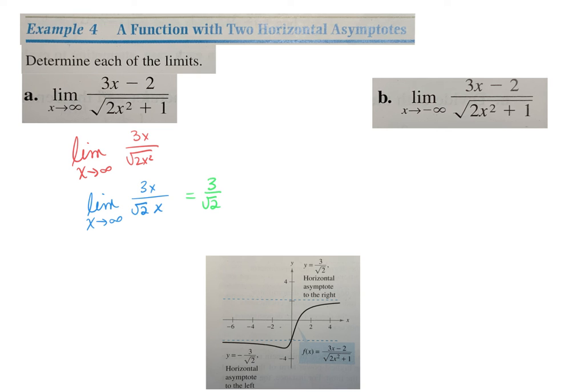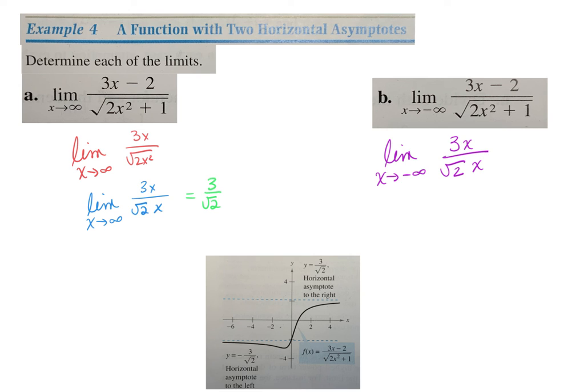So negative here does cause a little bit of an issue because we're approaching negative infinity. Now, it doesn't cause a problem in the radical because the radical is going to square, and so it will be positive in the radical. But when I do this little method here, when I rewrite it as it approaches negative infinity, I'm going to have 3x on top, and I'm going to have the square root of 2x on bottom here, right?